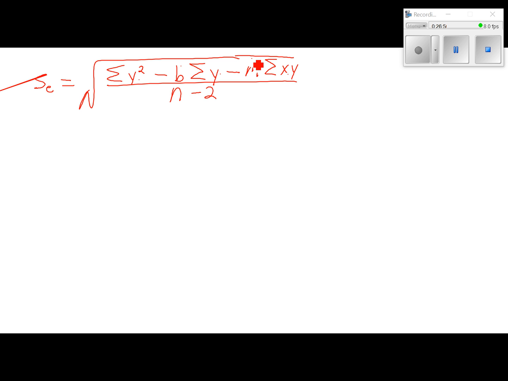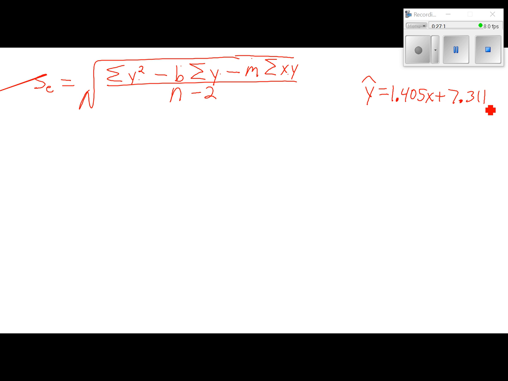They told us the equation of this, y hat equals 1.405x plus 7.311.